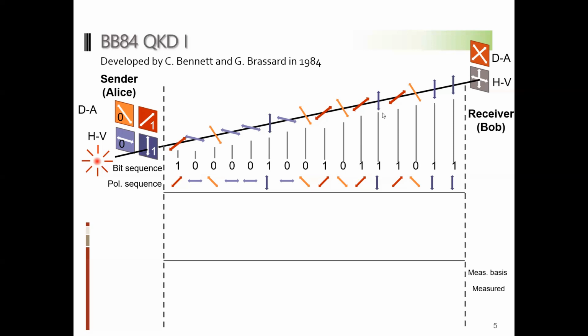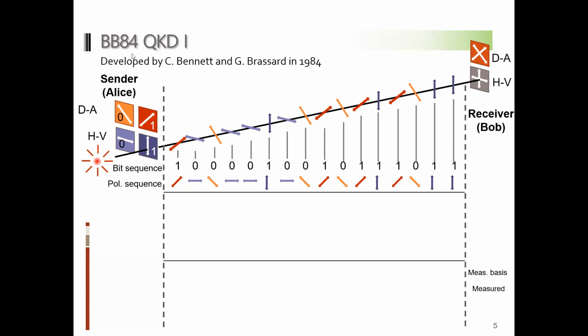So she randomly chooses not only the bit value, but also the basis. And what should Bob do? Well, Bob wants to receive the exact correct value. So for the first photon, Bob should use the HV basis, then DA basis, DA basis, and HV basis, and so forth.